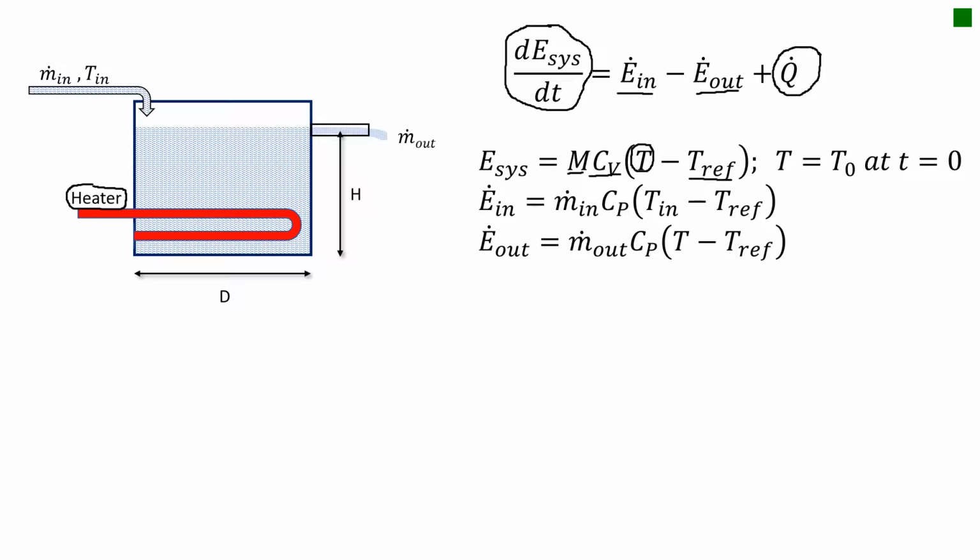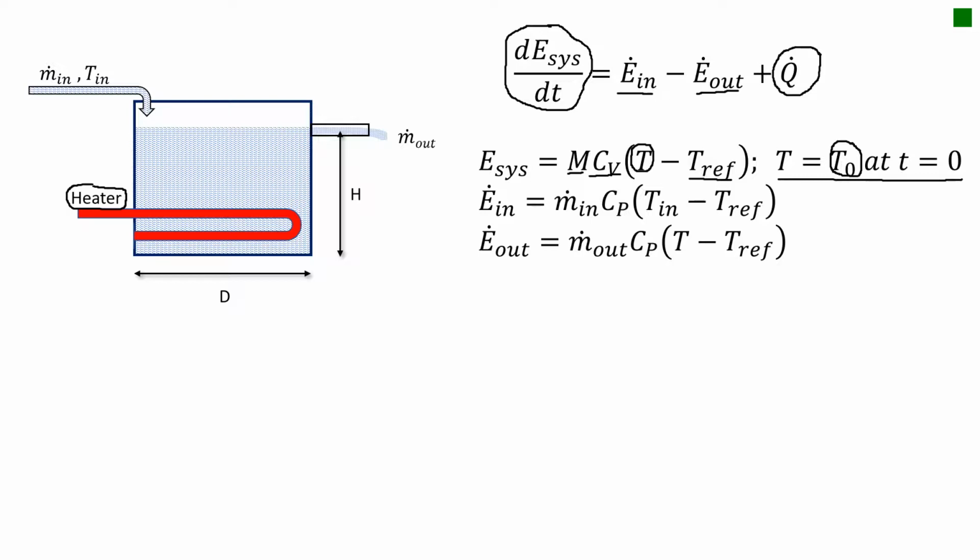Remember, we never really truly know energy. We can only know an energy difference, so we're going to choose a reference temperature that we're going to compare all our energy states to. At the initial time, t equals 0, we'll say the temperature is equal to T0.